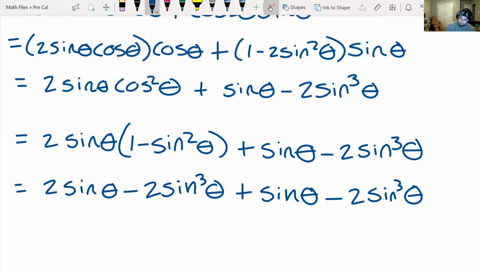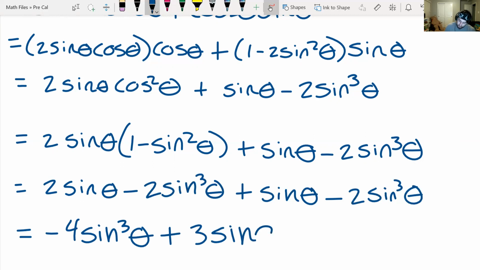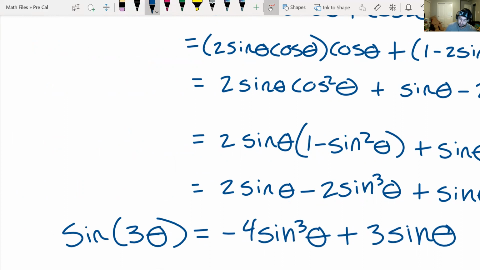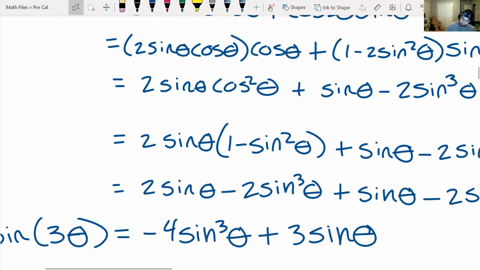So our final step is putting it together. We get negative 4 sine cubed theta plus 3 sine theta. And this is now a formula for sine 3 theta. There you go.